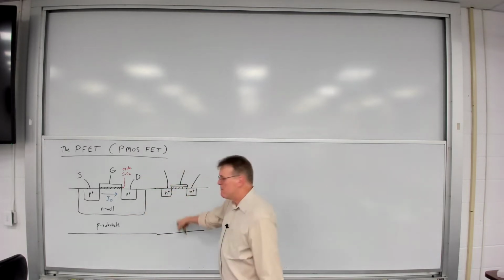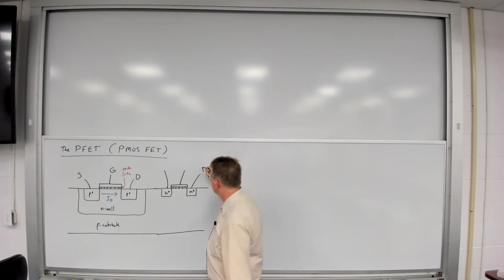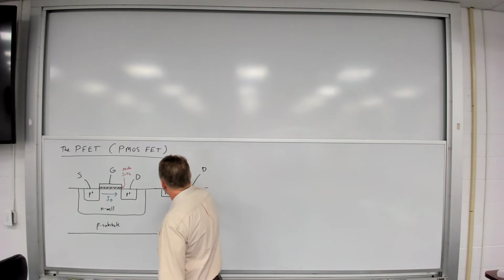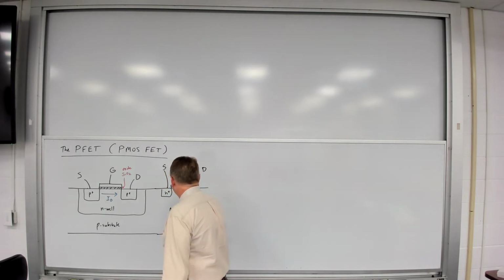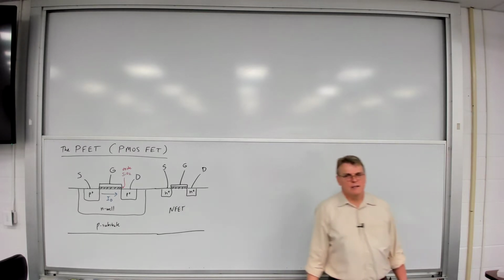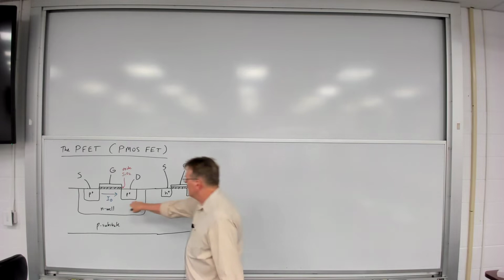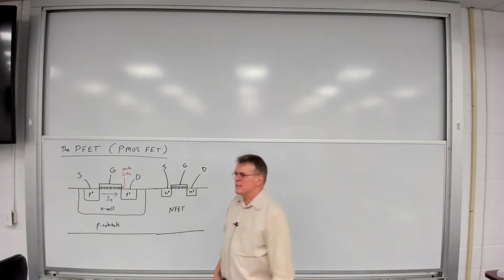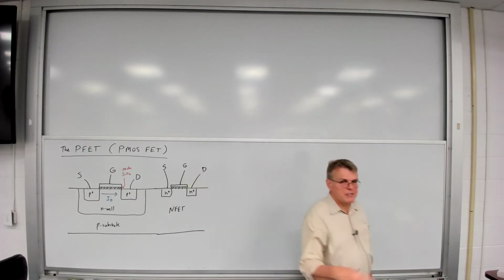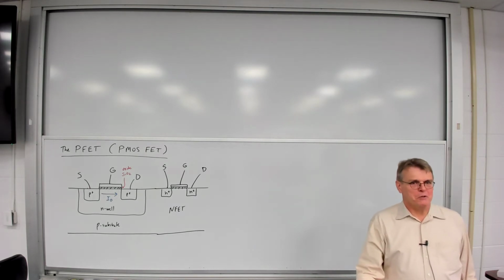So now I've got my P substrate, I've got my N plus drain and source diffusions, and now I can put them both in the same substrate. So that's the purpose of that well. It enables us to manufacture both PFET and NFETs together on the same substrate. And as we're going to see later on, that is extremely common and important in modern circuit design.